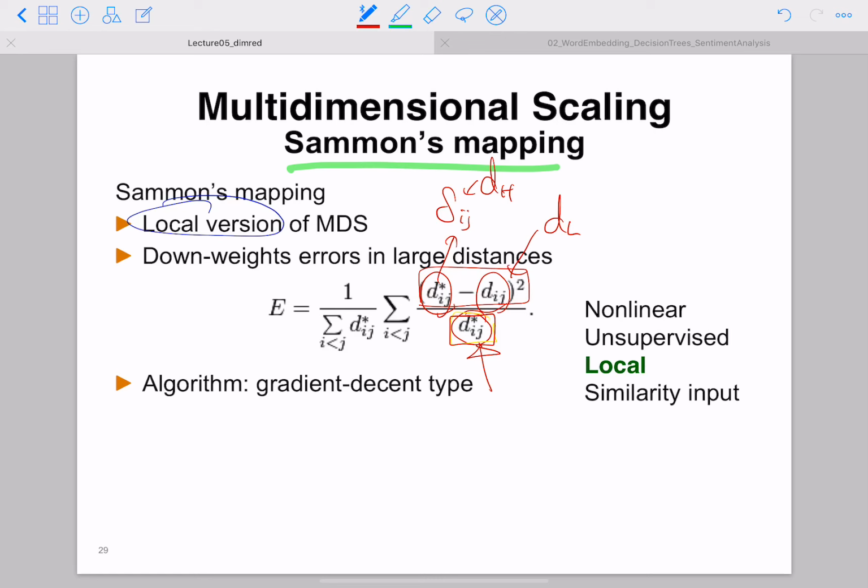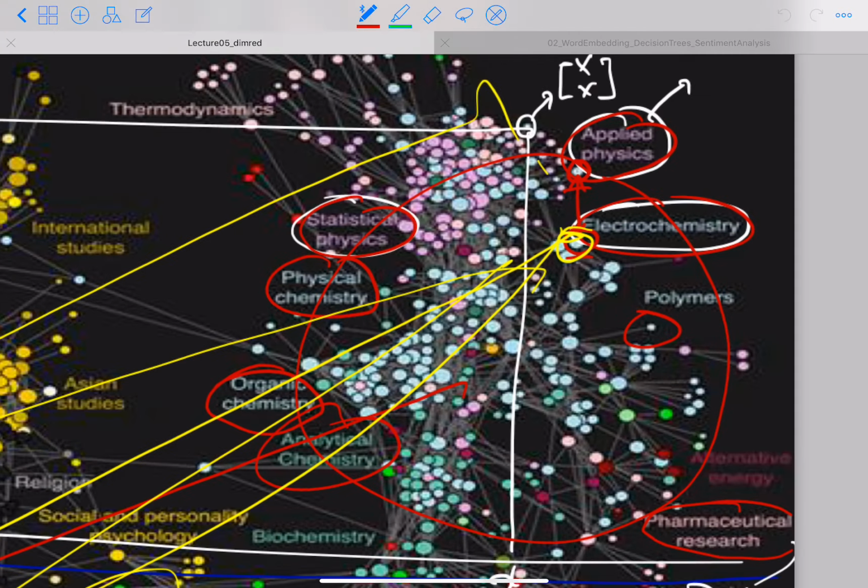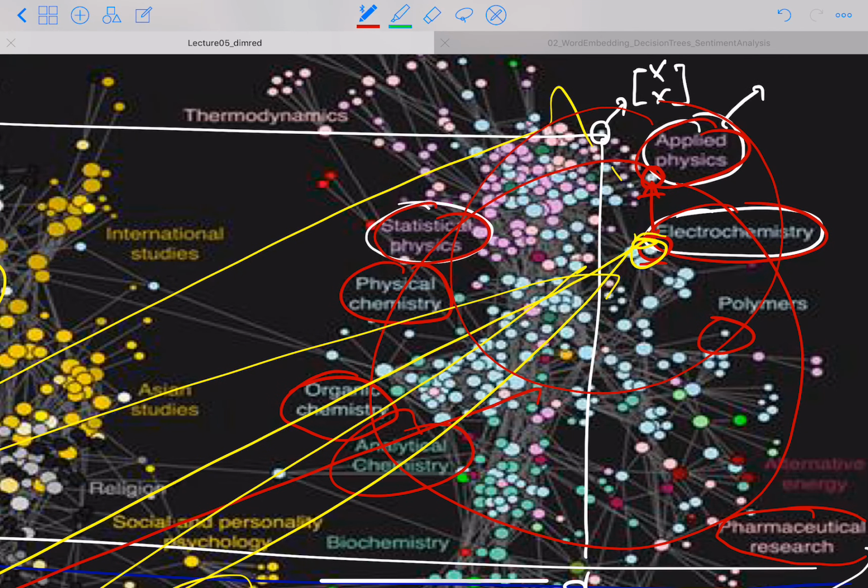And we can easily derive its gradient descent. The overall effect is focusing more on preserving the small distances, so you will have much fewer errors within these local regions. For example, applied physics is closer to electrochemistry than to physical chemistry.